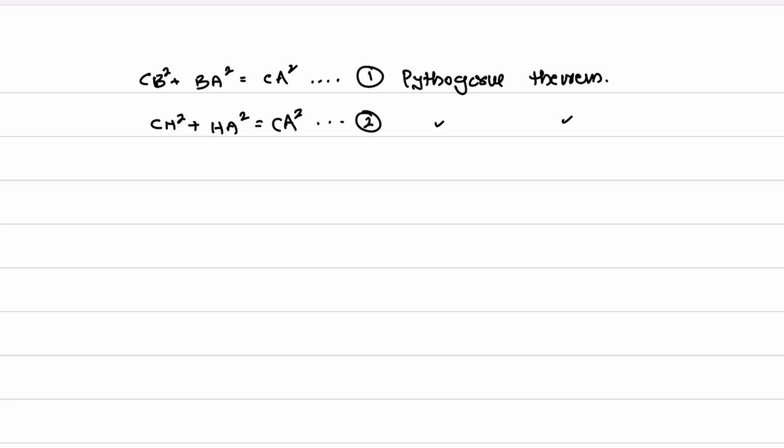That means there are a number of possibilities where angle ABC can be 90 degrees having the hypotenuse as CA, and the triangle can be ABC or AHC.